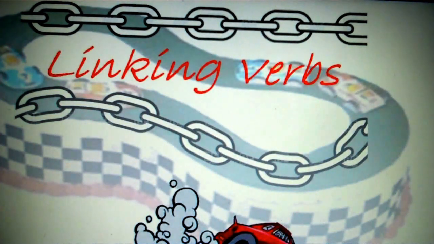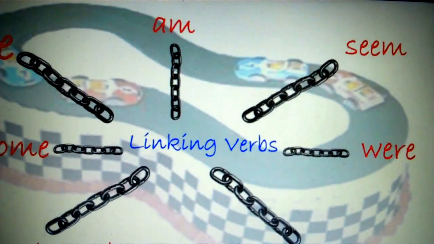You can, however, use "is" or any form of the verb to be to connect your subject and more information. The words am, seem, were, has been, might have been, become, and be are all linking verbs.